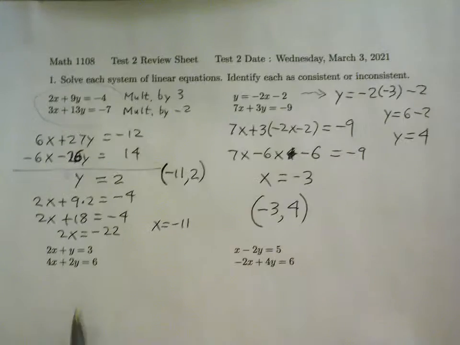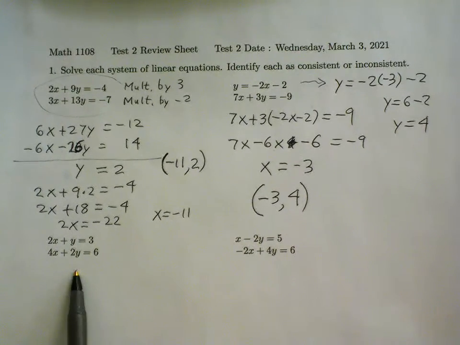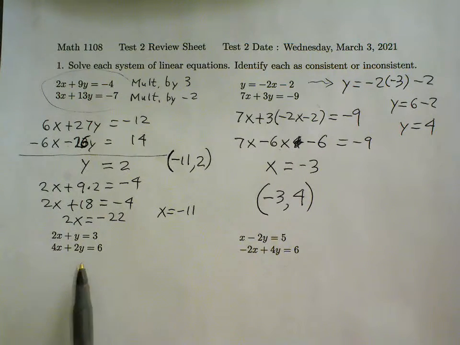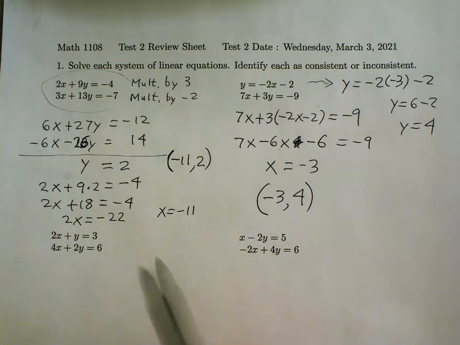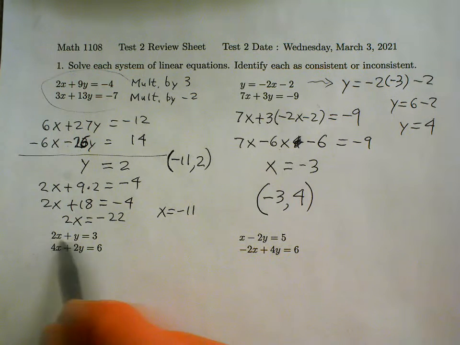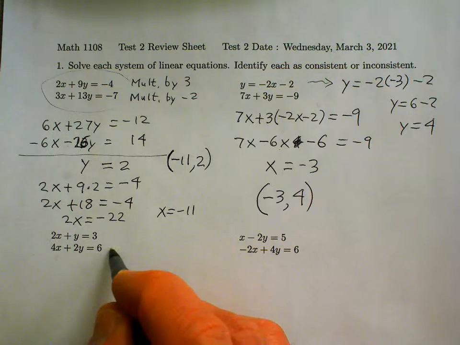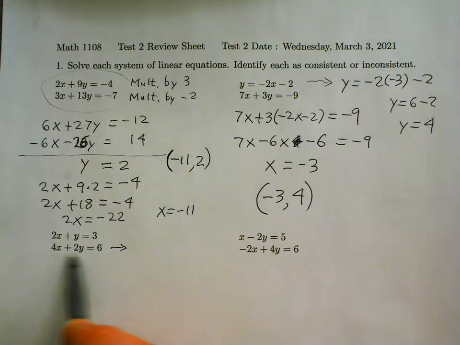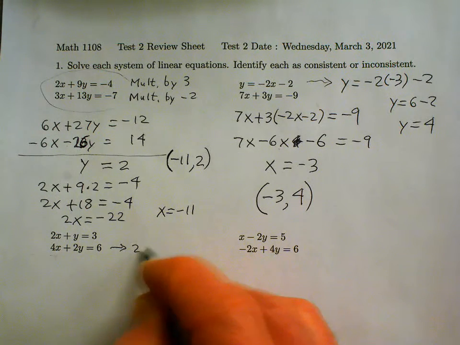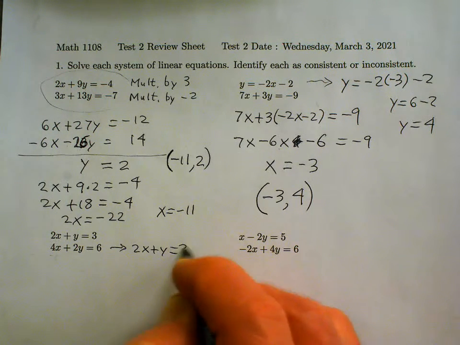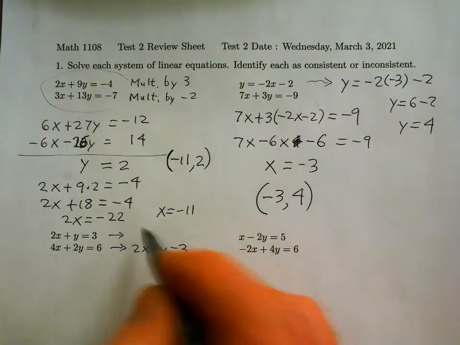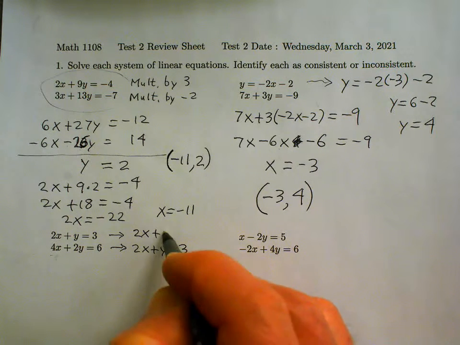Okay, the next system on the lower left, notice if we leave the top equation the same and divide every term on both sides of the bottom equation by 2. So divide everything on the bottom equation by 2, we get 2x plus y equals 3. And that's exactly the same as the top equation.